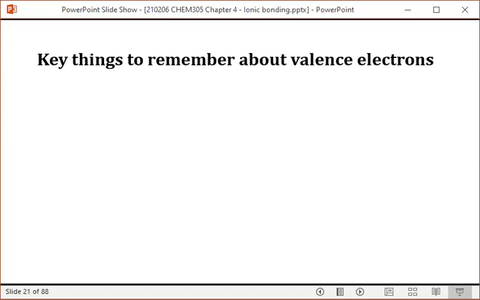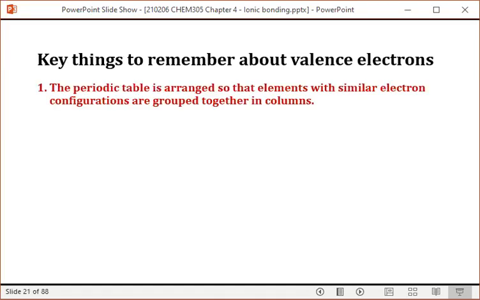Okay, so some key things to remember about valence electrons. First thing is the periodic table is arranged so that elements with similar electron configurations are grouped together in columns. So the elements in the main group section of the periodic table, all the elements in the same column have the same number of valence electrons.